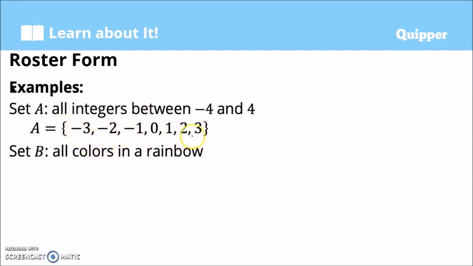Okay? All of the elements are listed, separated by a comma, and then closing brace. So, this is how we write a set using roster form. Ito ang example ng pagsulat ng set gamit ang roster form or listing method.